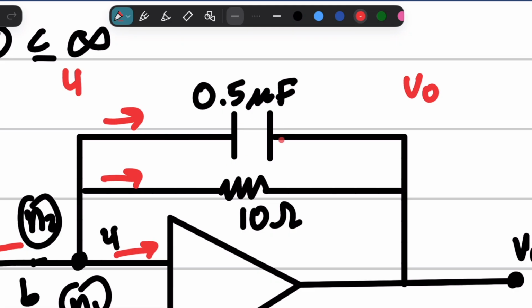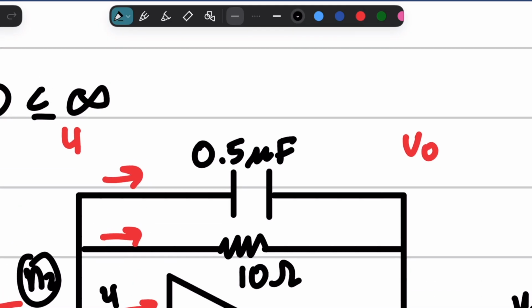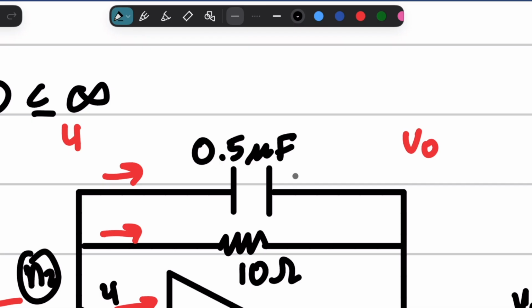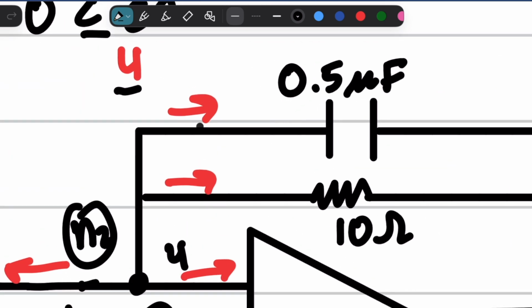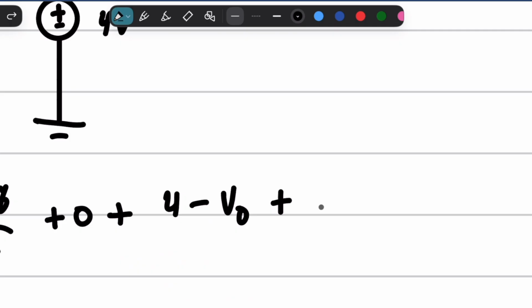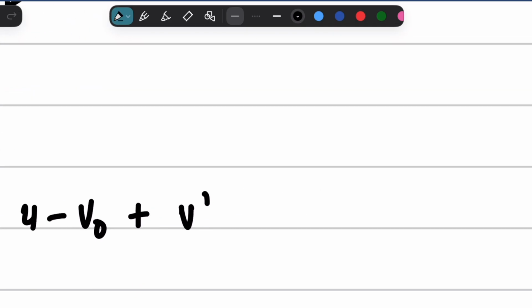And we have to cross this guy. So there's some voltage difference from getting to here, and we have the current going this way. So we are just going to say V prime, 4 minus V naught, is equal to 0.